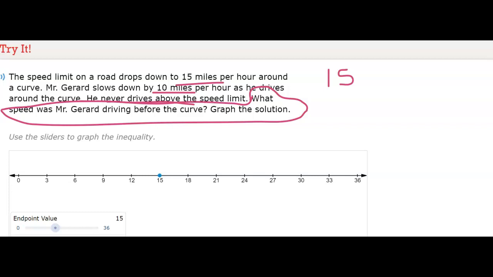But the question is, what was he driving before he hit the curve? So we have the 15 miles per hour, which is the speed limit for the curve, and then we have that he slowed down by 10 miles per hour as he drives around the curve.